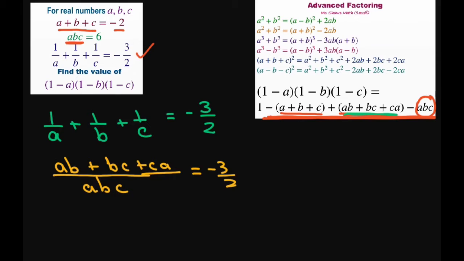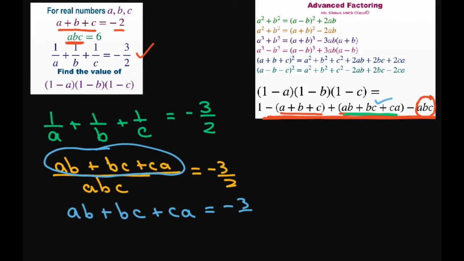Now you can see where we're going to solve for this, so we can fill this in. This is going to end up being AB plus BC plus CA equals -3/2 times ABC.